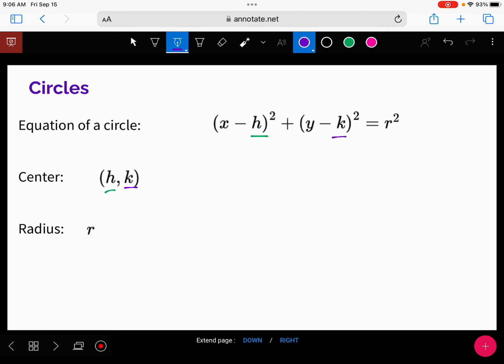Because that's what makes it curve. If it's not squared, it's a line. So the squaring has to happen, and the x squared gives us the top curve, and the y squared gives us the rest of it. So if it was just x squared, it'd be a parabola. If it's just y squared, then we get a sideways parabola or a square root.